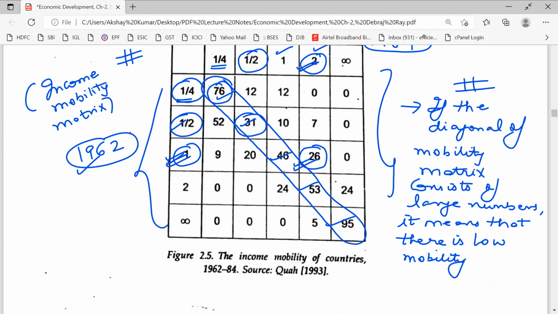If the diagonal of the mobility matrix consists of large numbers, we can say that there is low mobility. Okay, so hoping students have understood this.